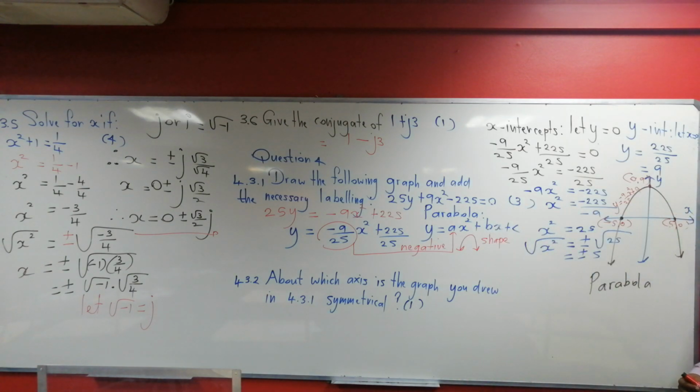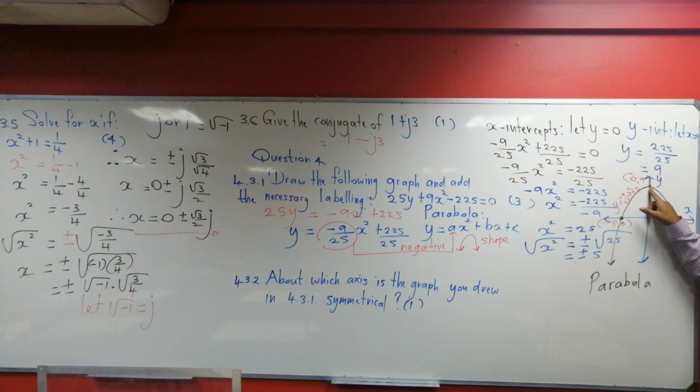So, which axis basically cuts this graph into two equal halves? That's basically what symmetrical is. So if you're looking at this half and this half here, the axis of symmetry, this is a parabola. Okay, what's the axis of symmetry going to be? There it is, it's 0. Can you see that?